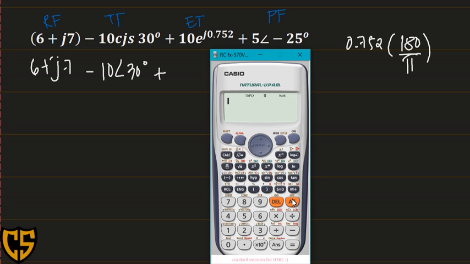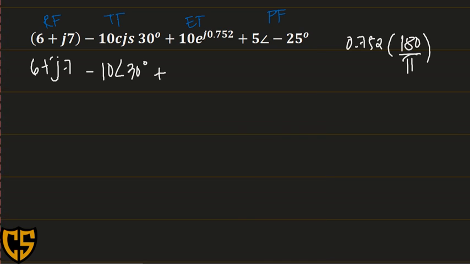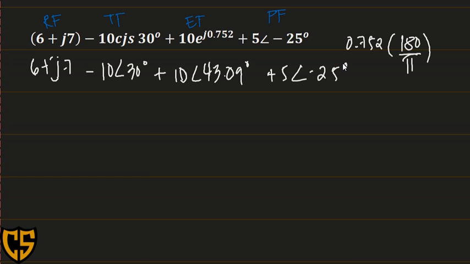So our angle is equivalent to 43.09 degrees. So we have 10 angle 43.09 degrees plus 5 angle negative 25 degrees. So we have the angle values, so we can now totally convert this problem into rectangular form.